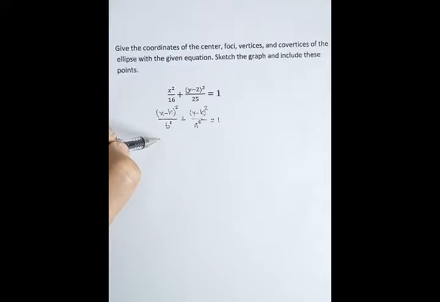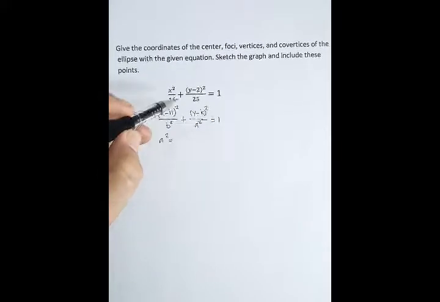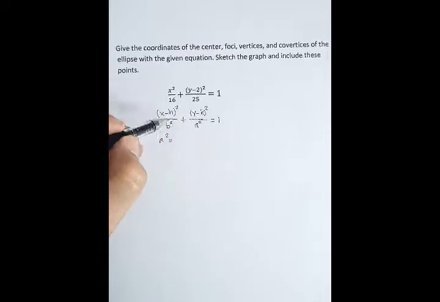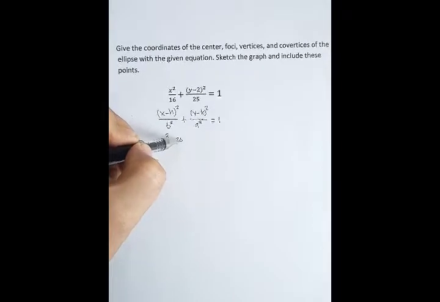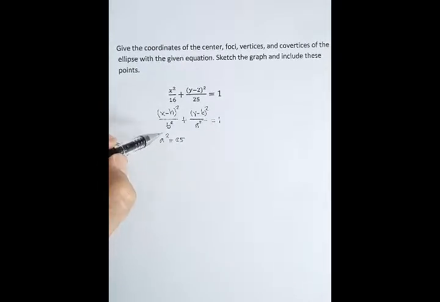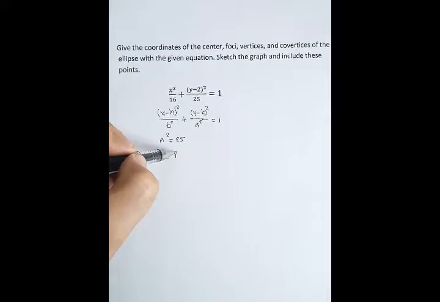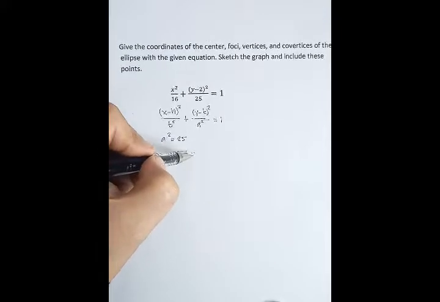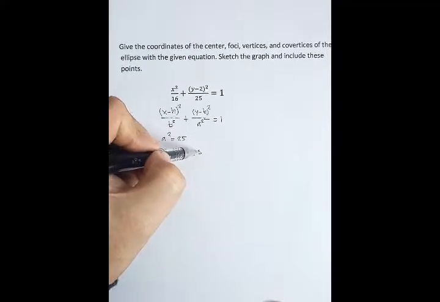Our a squared is equal to the bigger denominator, so 25. Simplifying, take the square root of both sides. So a is equal to the square root of 25, which is equal to 5.